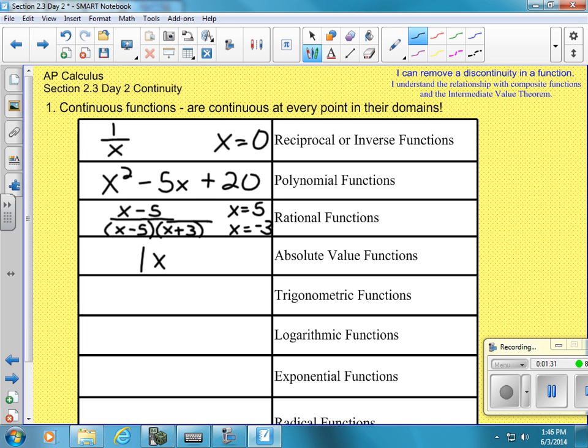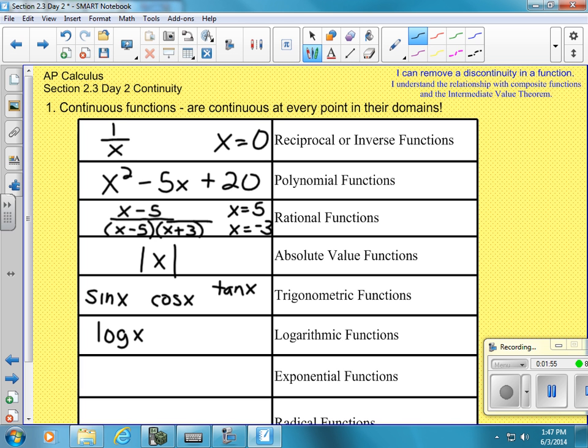The absolute value function is continuous everywhere. Sine and cosine are continuous anywhere. Our friend tangent is continuous in between its asymptotes. So between -π/2 and +π/2, and at those spots there's an infinite discontinuity.